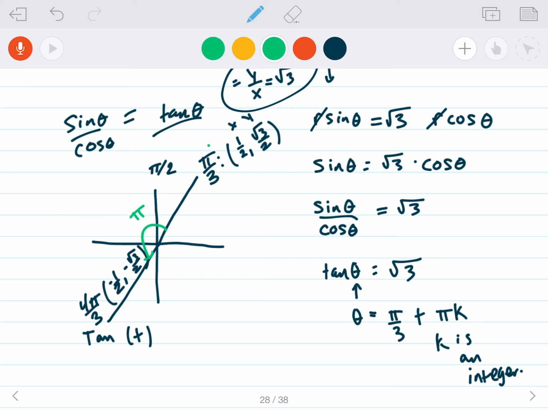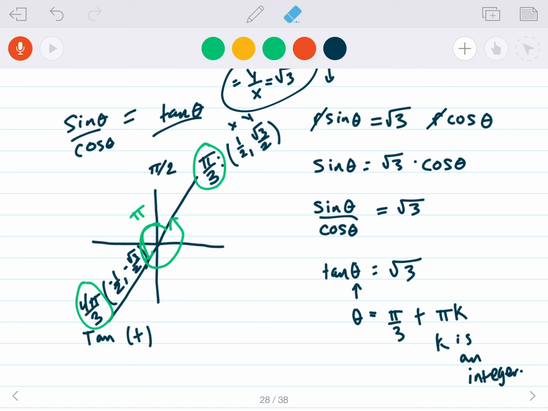If we do pi over 3 plus 1 pi k, we get 4 pi over 3. If we do pi over 3 plus 2 pi, well then we're going to be back here and we're also going to get a tangent of root 3 from whatever angle that is. So this is just basic trigonometry stuff.